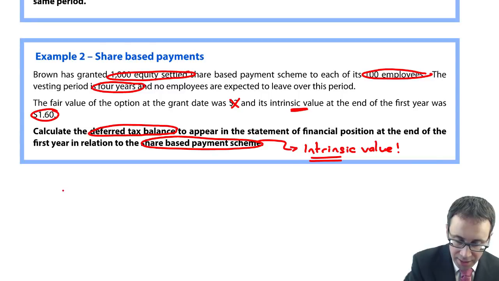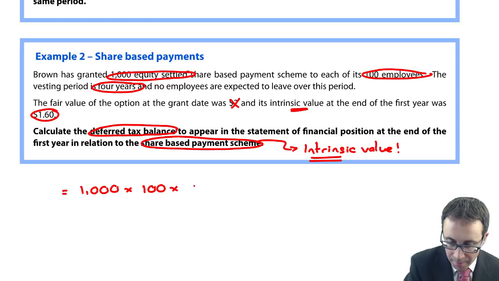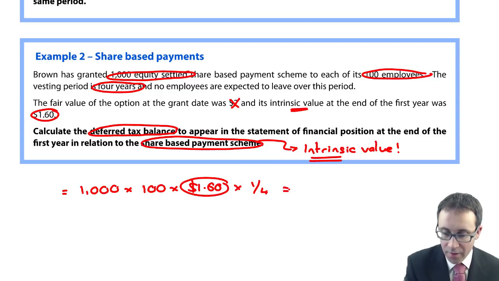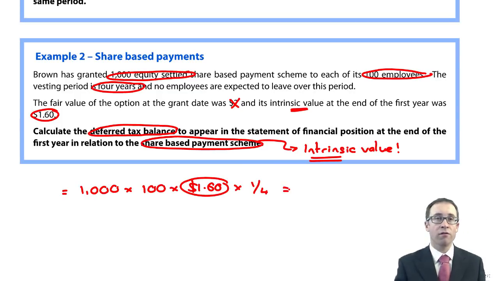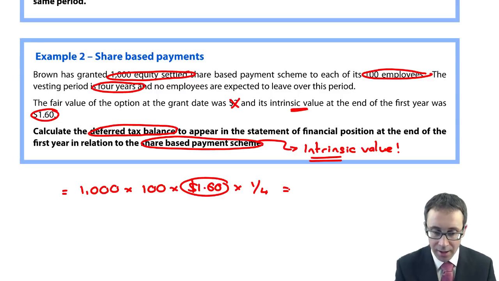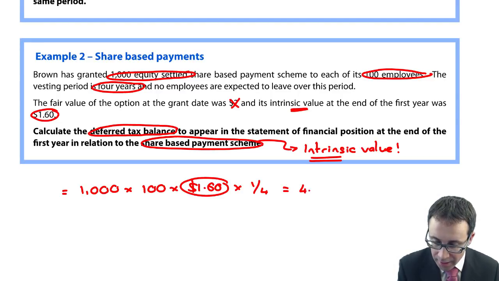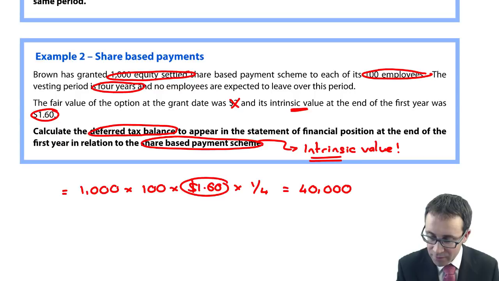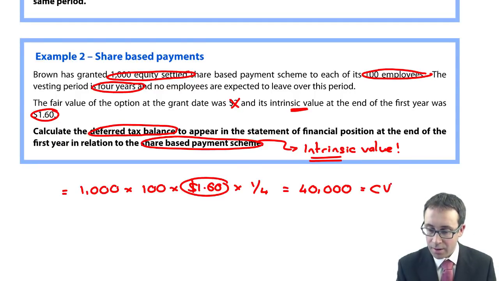So for deferred tax purposes, you've got 1,000 options, 100 employees, the $1.60 intrinsic value, and we're at the end of the first year out of 4, aren't we? So that gives you $40,000. That there, if you like, is your carrying value.